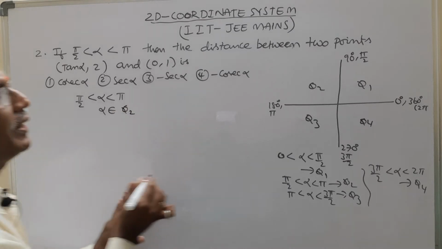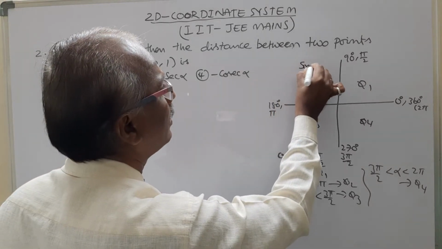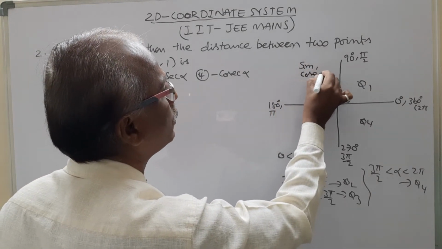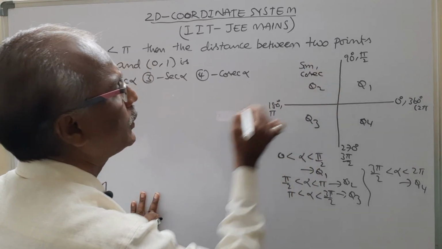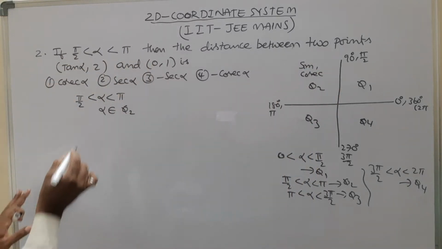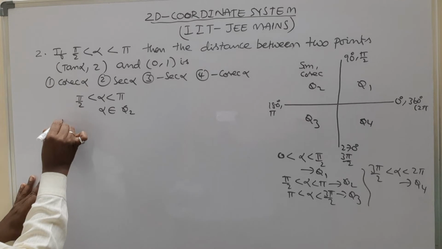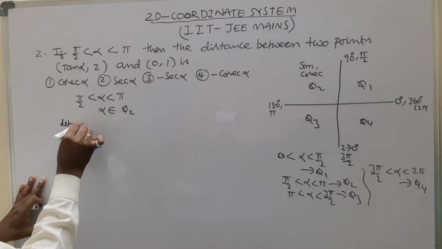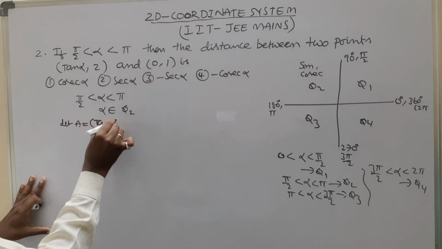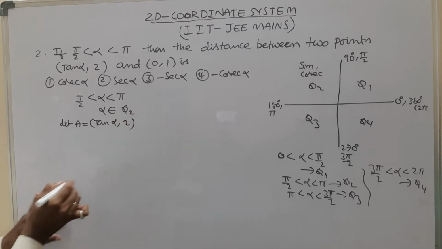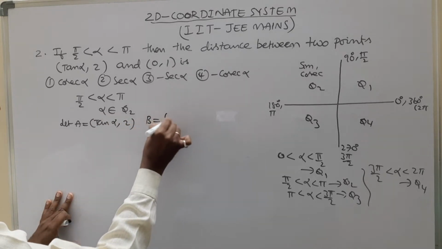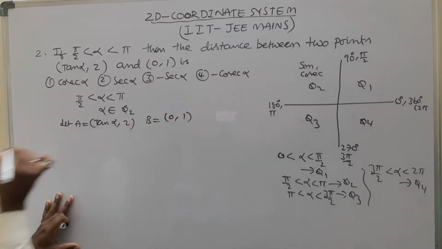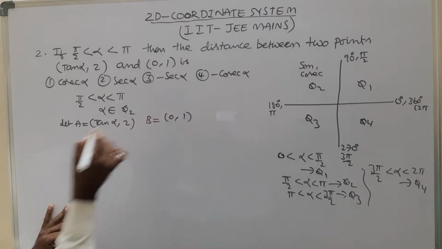In the second quadrant, sine and cosecant are positive, and the remaining trigonometric ratios are negative. Let the first point A equal to (tan alpha, 2) and B equal to (0, 1).